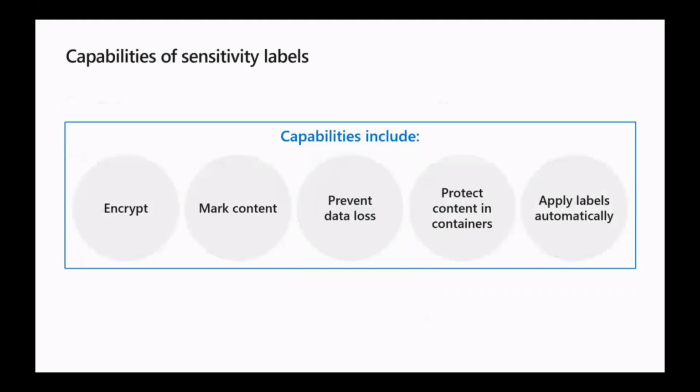Some of the capabilities could include, for example, automatic encryption or even decryption of the data, marking content, and applying data loss prevention policies, in order to protect content in several containers or repositories, including, for example, storage accounts in Azure, SharePoint sites, content hosted on OneDrive for users or OneDrive for Business, or even third-party applications such as Dropbox. And remember, in most cases you can apply these labels automatically, depending on the situation, the stage, or even the status of these applications.